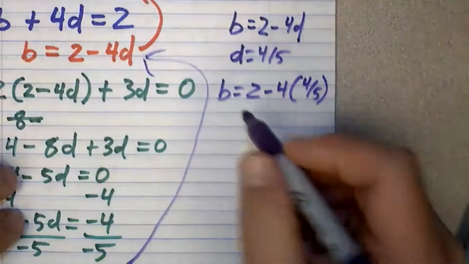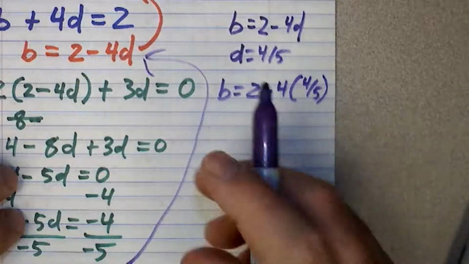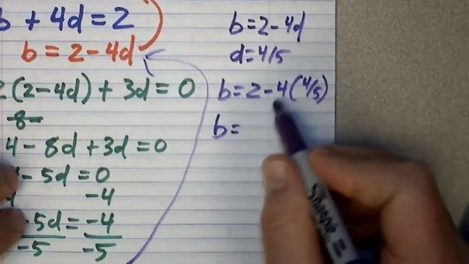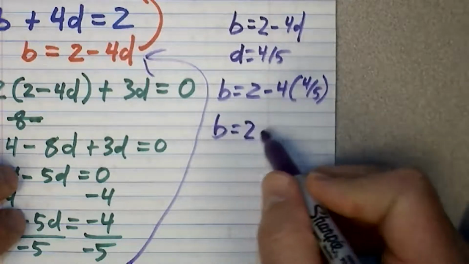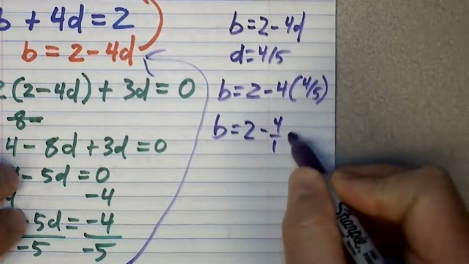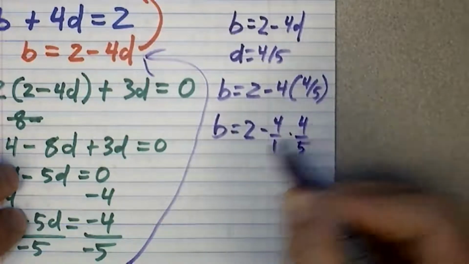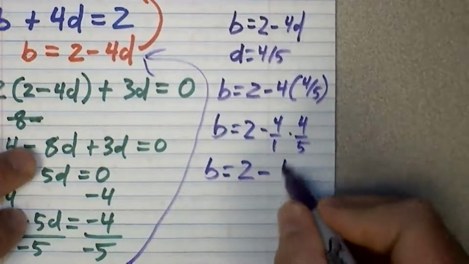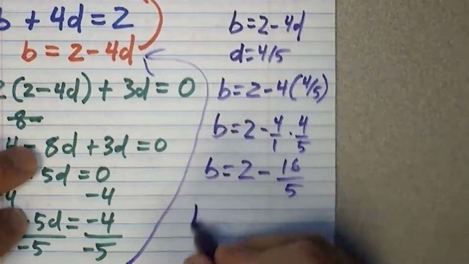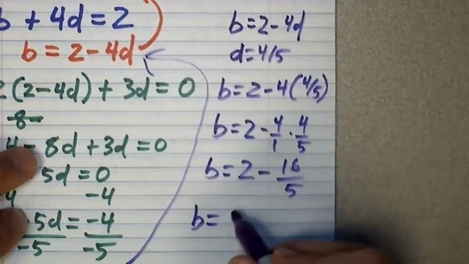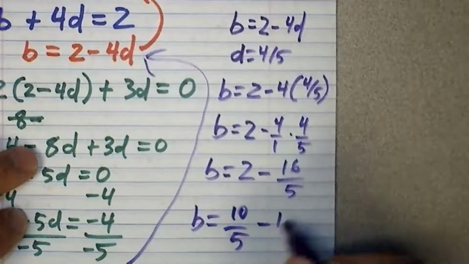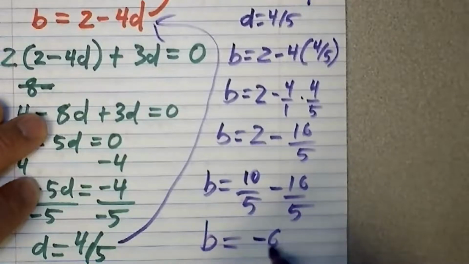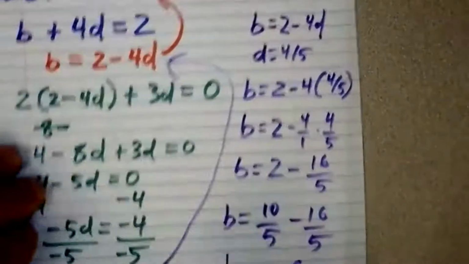Sorry, been talking too long. So this will be B equals 2 minus 16 over 5. B equals 10 over 5 minus 16 over 5. B equals negative 6 over 5.